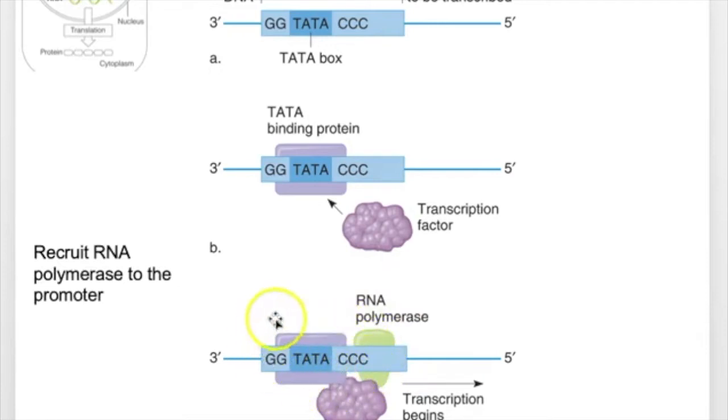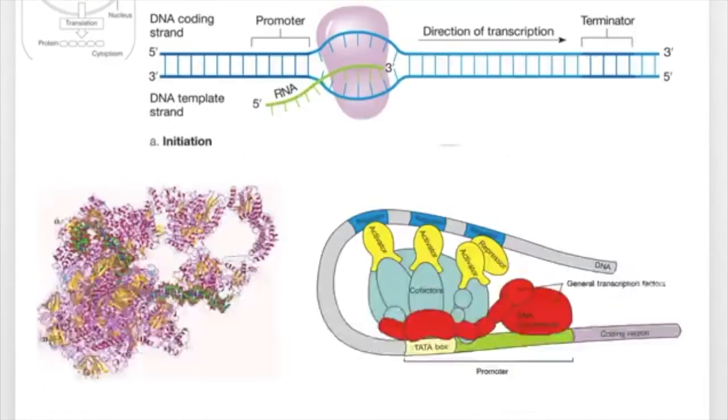So you've got to have both the binding protein and the transcription factor bound at the correct location to recruit RNA polymerase. Okay, so then what RNA polymerase does is it unzips the DNA, which is so cool.